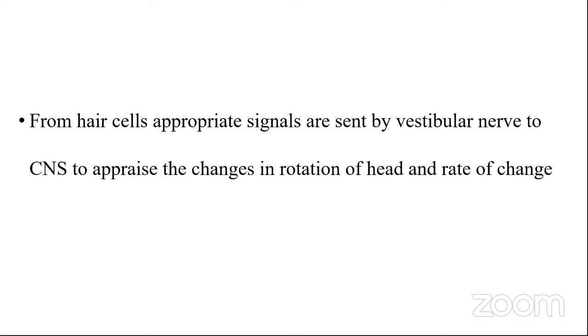So the signals help the CNS appraise how much the head is rotated, and the rate of rotation, at how much speed the head is rotating. Both these are sensed by the vestibular nerve and perceived by the central nervous system.